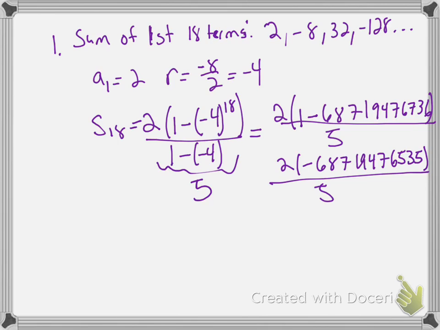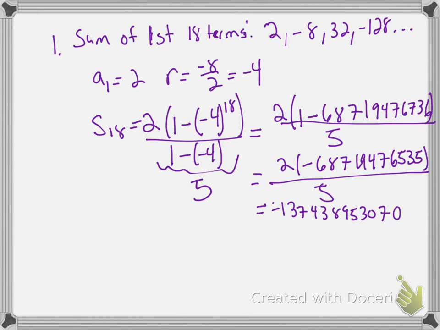Okay guys, I got my calculator to work, so I filled in this portion. Double check me if I'm wrong, but 1 minus all of that gives me negative 68,719,476,735, and then multiplying it by 2, I got negative 137,438,953,470 divided by 5.